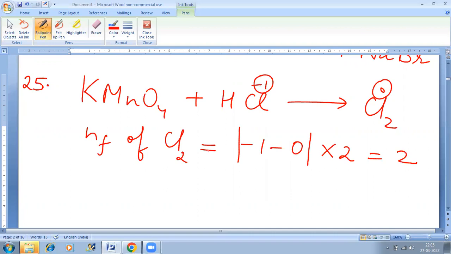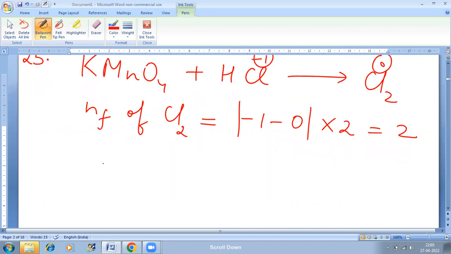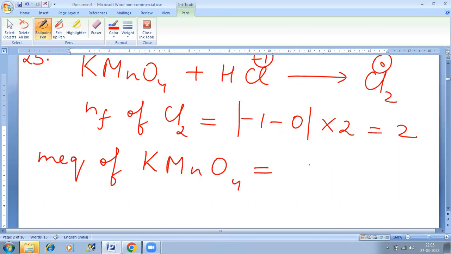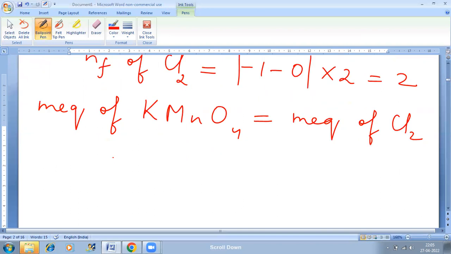Correct. Now we know that milli equivalents of KMnO4 reacted will be equal to the milli equivalents of chlorine formed. Normality of KMnO4 is given. Volume of KMnO4 is given. So 50 into 0.2 will be the milli equivalents of KMnO4.